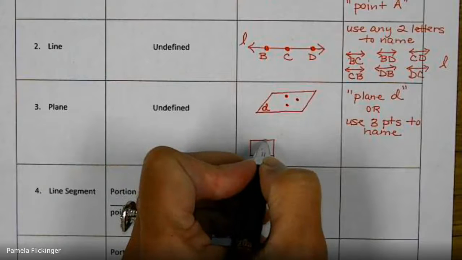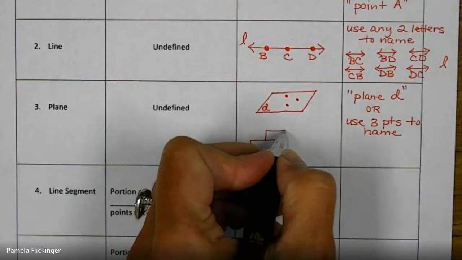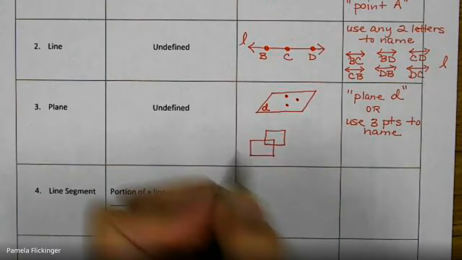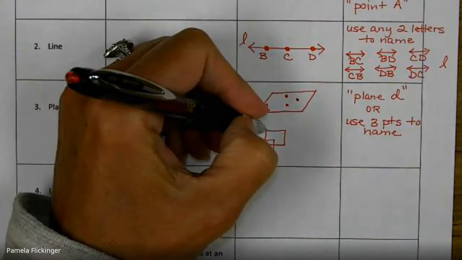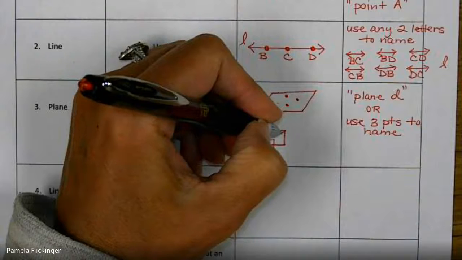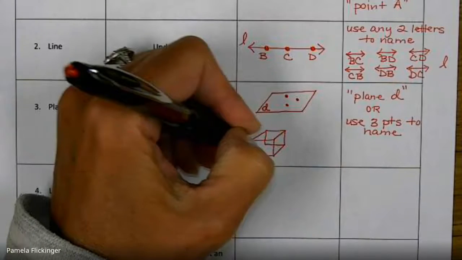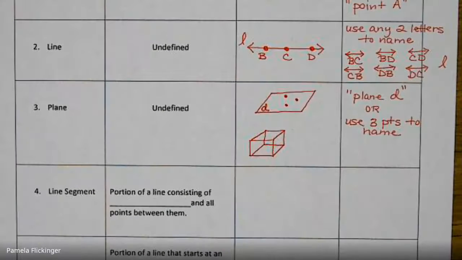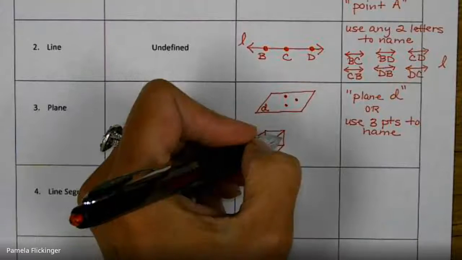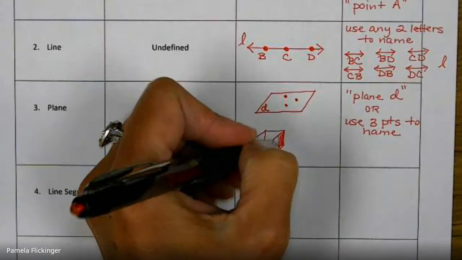I'm going to draw the same size rectangle or square kind of overlapping like that. And then I'm going to connect the corners. Down, down, down, down. All right, so I get this 3-dimensional box. Now let's shade in this side.